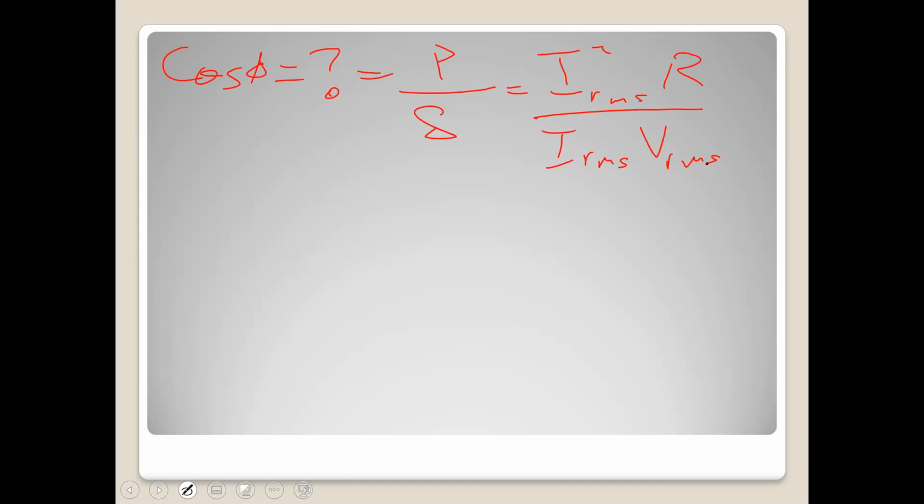Of course, that just works out to IR over V, but yeah. So the IRMS, well, first of all, let me find VRMS.